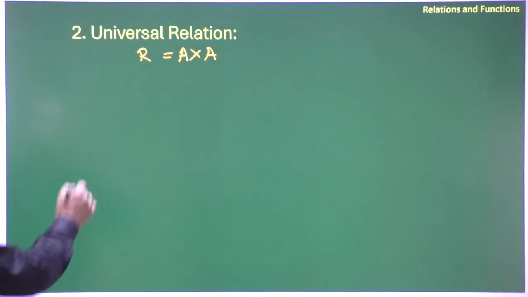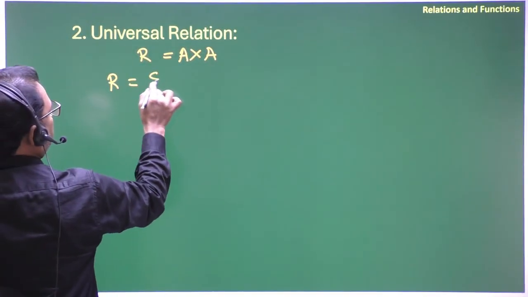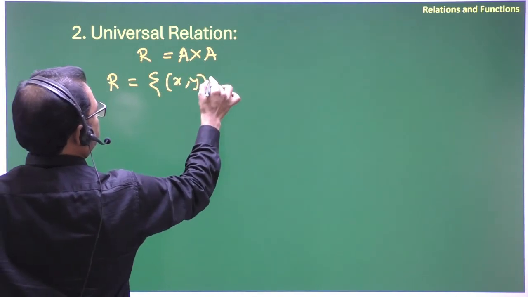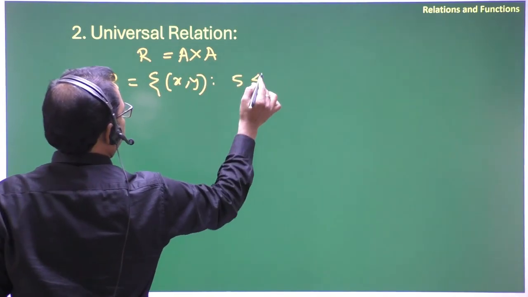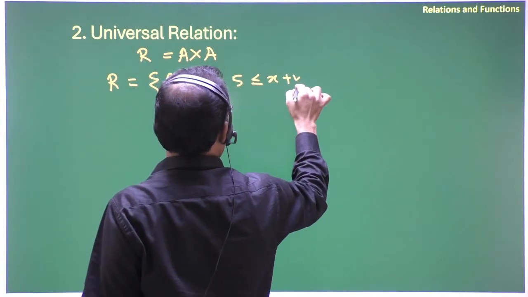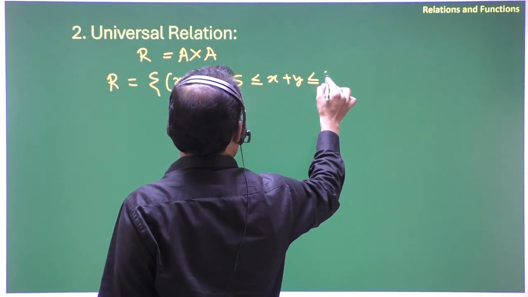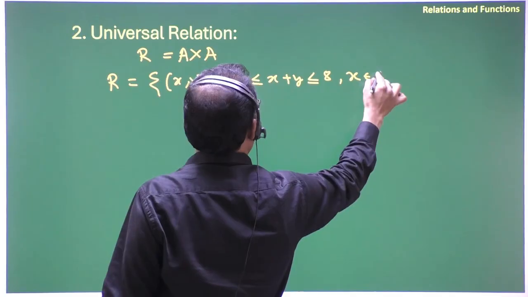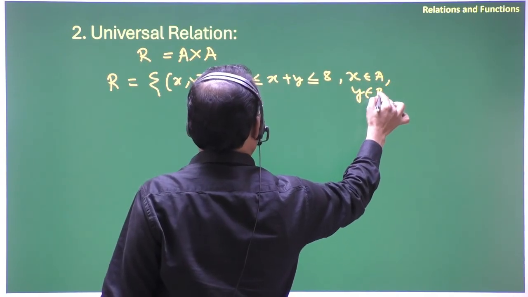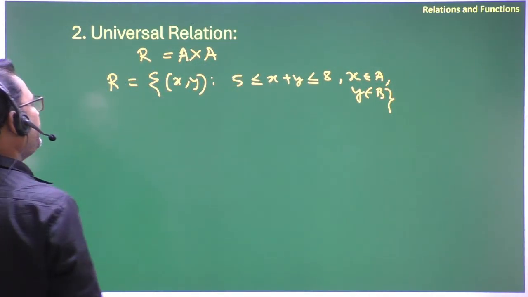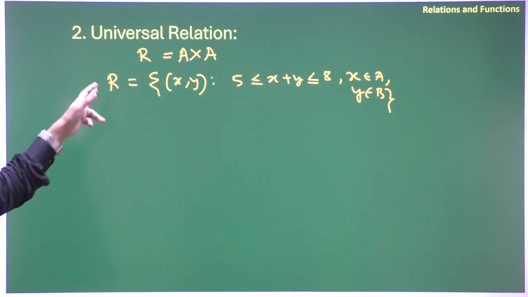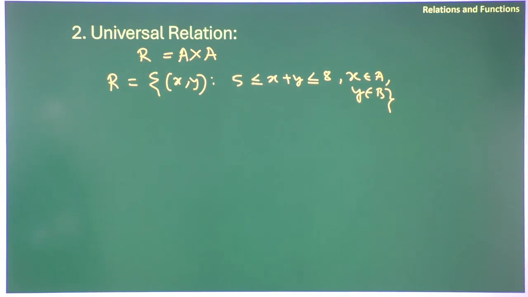So if I choose my relation R as the set of all (X, Y) such that 5 is less than or equal to X plus Y and less than or equal to 8, where X belongs to the first set and Y belongs to the second set, what you observe is that every ordered pair of A cross B will be in R. That's why R is called the universal relation.